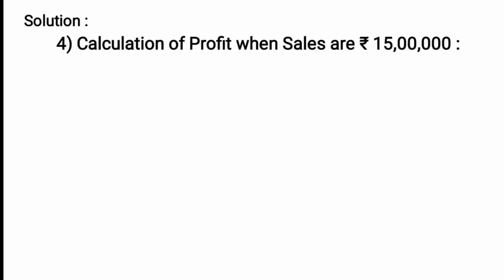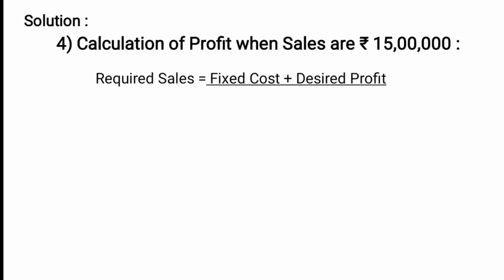Fourth, calculation of profit when sales are rupees 15 lakhs. So required sales is equal to fixed cost plus desired profit divided by PV ratio.